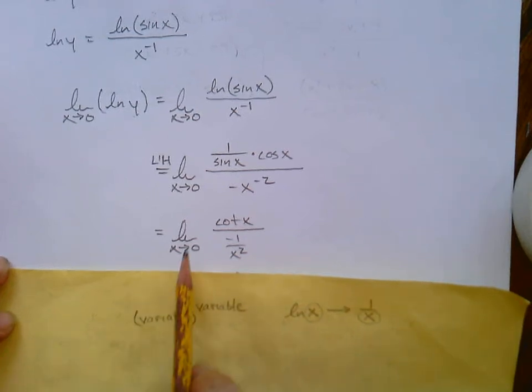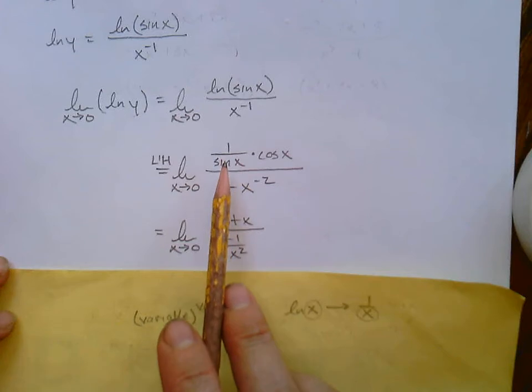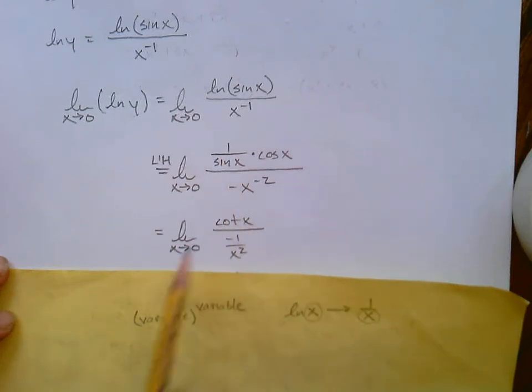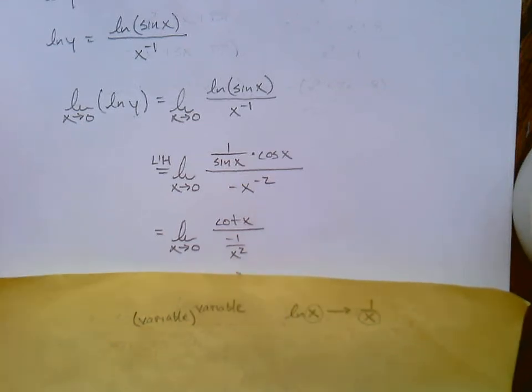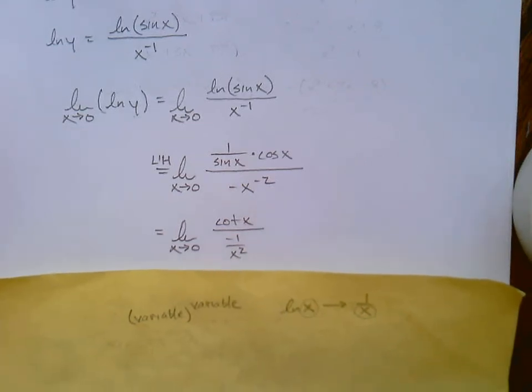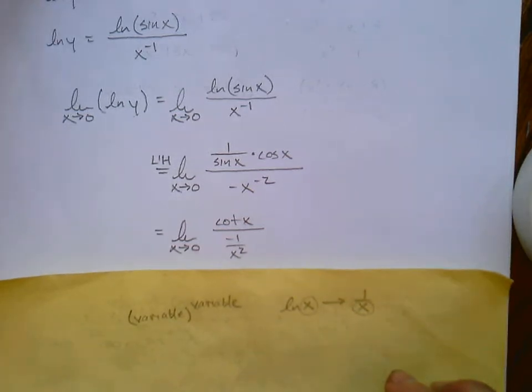Okay, well, limit x approaches 0. All right. Cosine of x divided by the sine of x, if you recall, is cotangent x. And then we're writing our denominator as negative 1 over x squared. Now here's the thing. Let me slide this up.